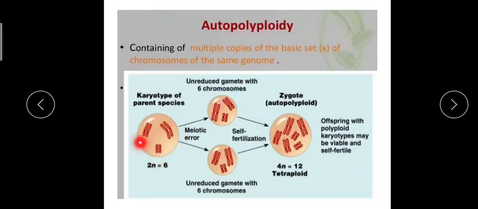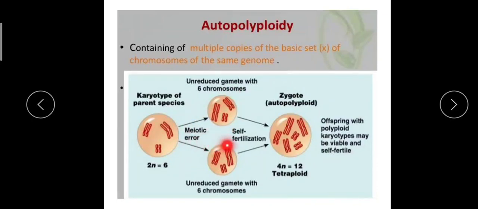See, this is the karyotype of a parent species, and when meiotic division occurs, some error occurs, and as a result of meiotic division, unreduced gametes are formed. That is, normally when meiotic division occurs, gamete formation occurs, and gametes will have half the number of the original chromosome number.